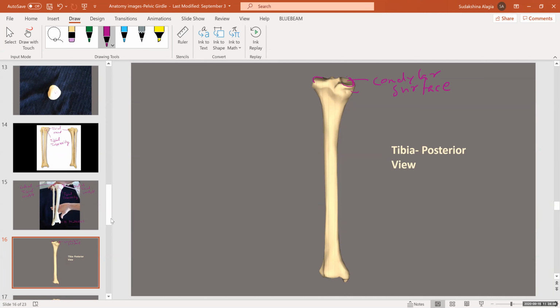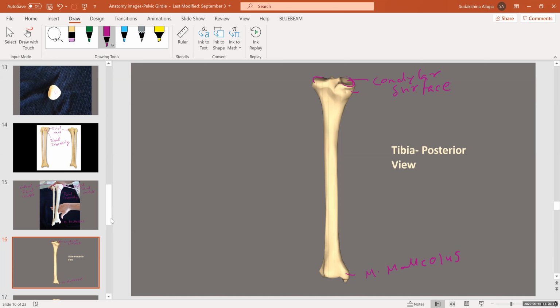If you are looking at the posterior surface, which tibia is this? Left or right? Right. Why? Tibia is the medial bone. Medial malleolus.